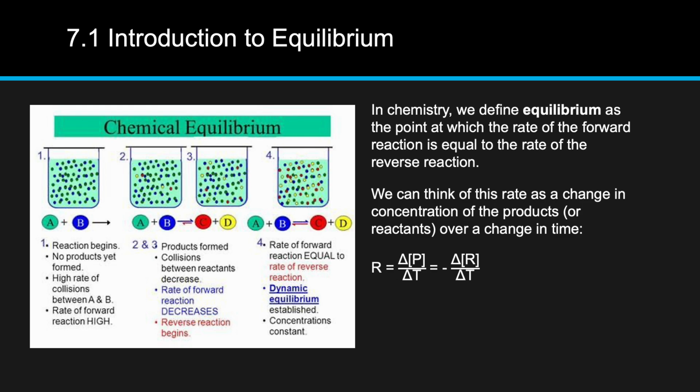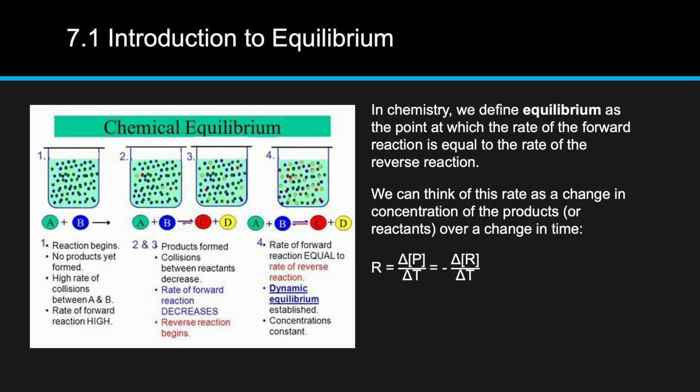Now, in Unit 5, we learned that reaction rates depend on factors like concentration, temperature, and collision frequency, and that rates typically change as a reaction proceeds because reactant concentrations decrease while product concentrations increase. That perspective is going to directly explain how equilibrium is established.